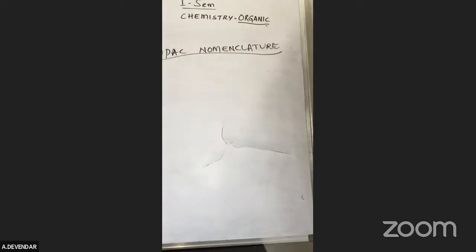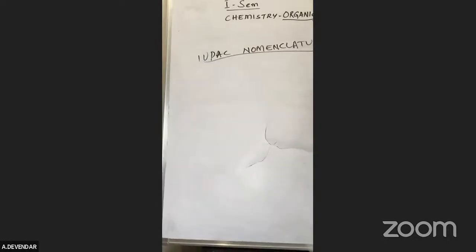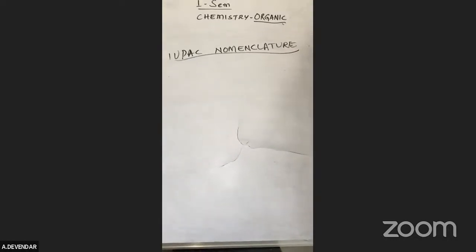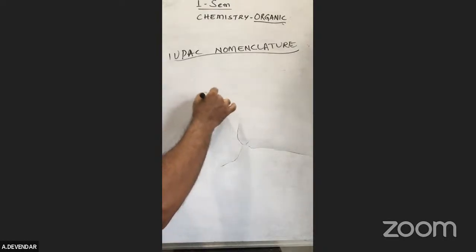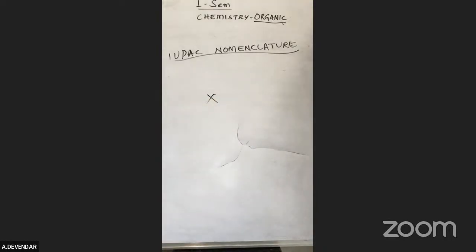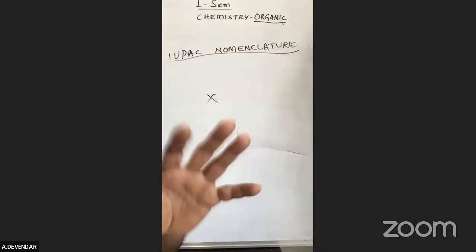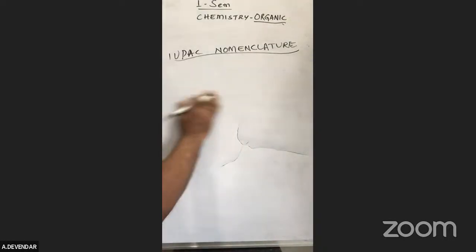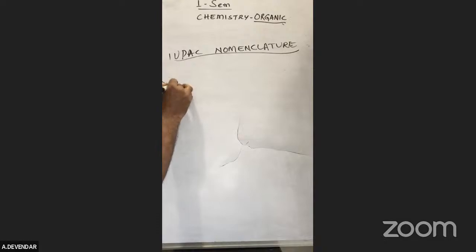Okay, friends. Now the IUPAC nomenclature. What is the IUPAC nomenclature? Very simple. If any organic compound, X, is given, first of all, this X organic compound is divided into 3 parts. What are the 3 parts?